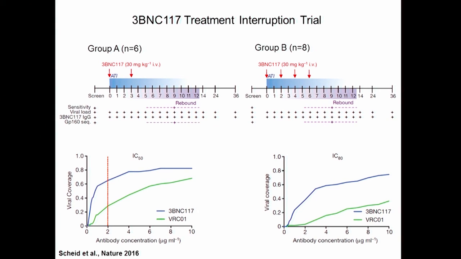And you can see that it's about 60 to 65% of patients who met that criteria for 3bNC117, and actually far less for VRC01, which performed less potent in these assays.